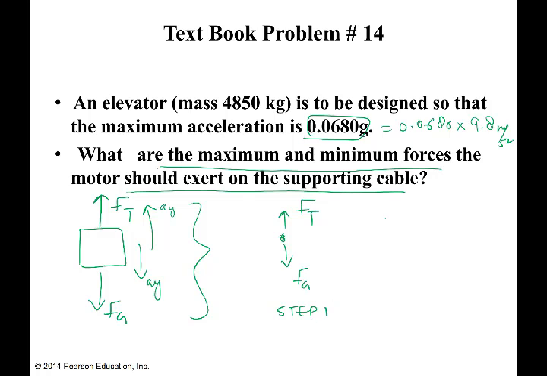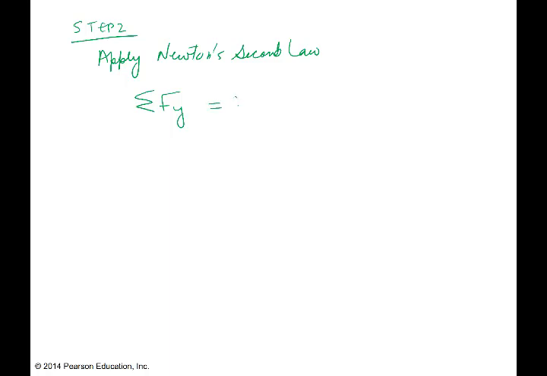Then step 2 will be applying Newton's second law, right? And Newton's second law is net force in the y direction is equivalent to mass times acceleration in the y direction.